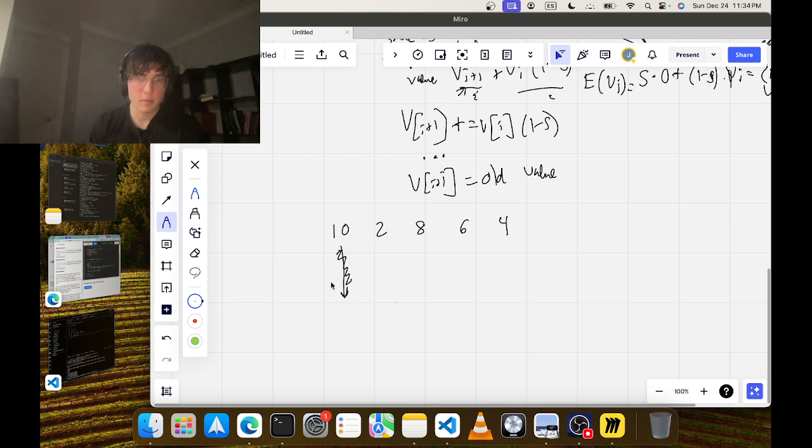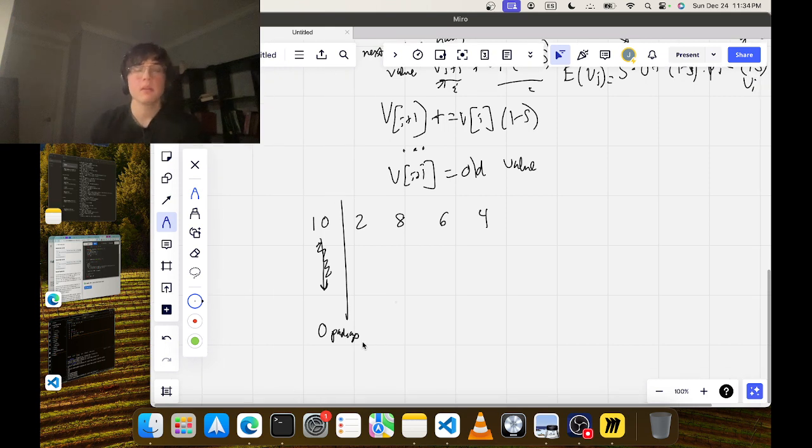Sorry, I drew an hour, but 100% there's going to be 0 packages starting from here. So 0 packages. What does this mean? This means that we have like a blank slate right here. I don't know if I'm making any sense, but then when we try to calculate the value, I don't know how to explain this well.